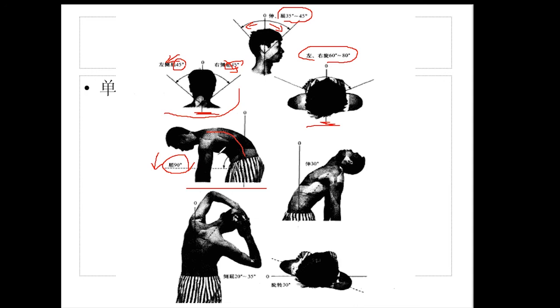That's a flexion kind of movement, 90 degrees. And then extension, to here and over extension, about 30 degrees. That's what people can normally do.